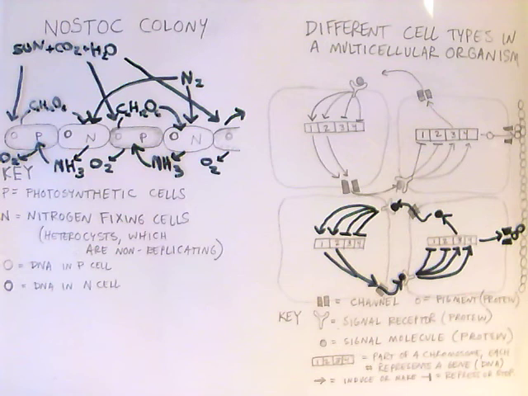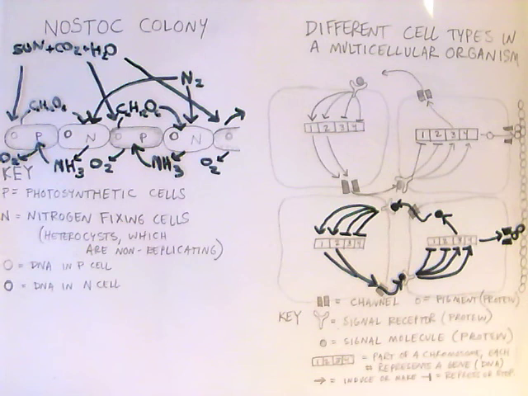In the colony there are photosynthetic cells, which make sugars, and there are nitrogen-fixing cells, which turn gaseous nitrogen into nitrogen compounds that can be used by the photosynthetic cells and the nitrogen-fixing cells. The nitrogen-fixing cells get sugar from the photosynthetic cells, while NH3, the product of nitrogen fixing, is given to the photosynthetic cells by the nitrogen-fixing cells.